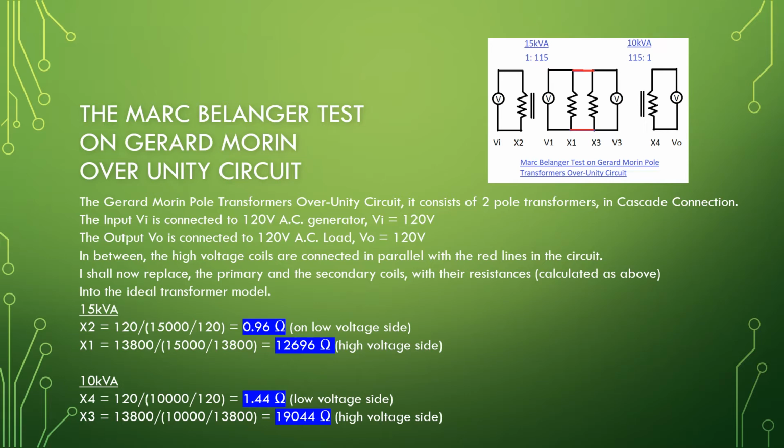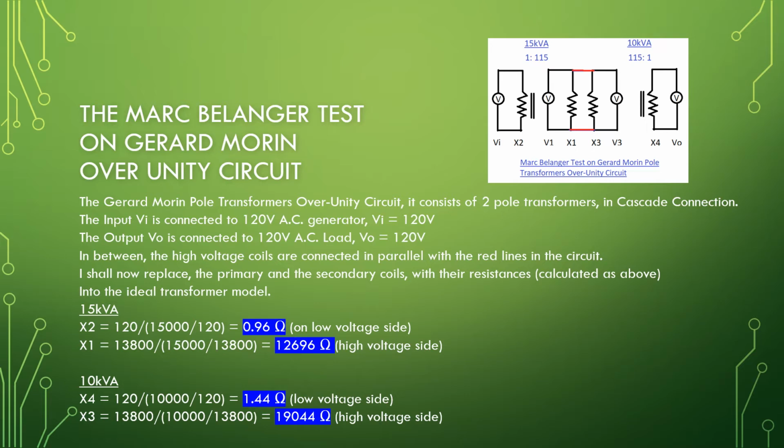I shall now replace the primary and the secondary coils with their resistance, calculated as above, into the ideal transformer model. 15 kVA, X2 equals 120 divided by 15,000 divided by 120 equals 0.96 ohm on the low voltage side.